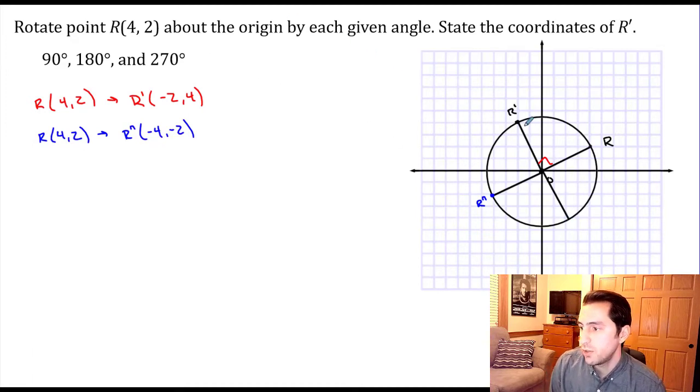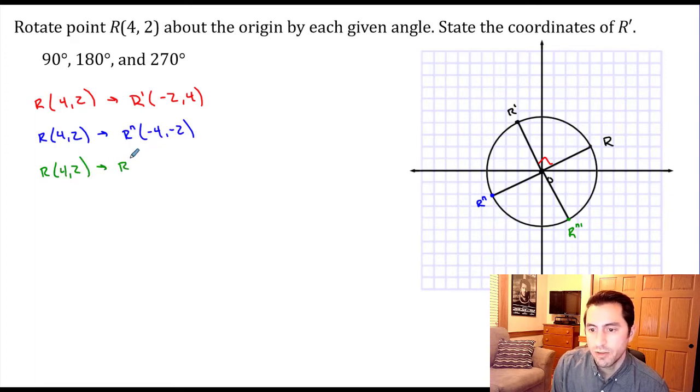Remember, our original slope from the origin to R was 1/2. So using my opposite reciprocal slope of -2, I can go down 2 over 1, and that's going to be my last point. Let's call this one R triple prime just to differentiate it. So for that last one, we went from the point R (4, 2) to the new coordinates (2, -4).